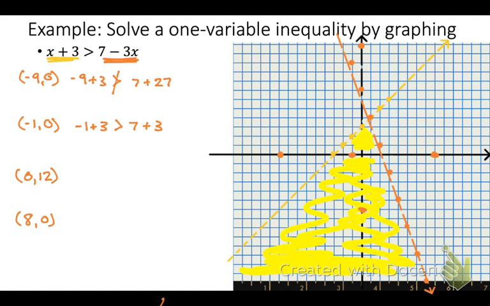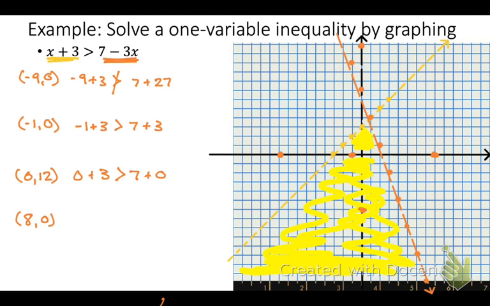No. It's not true, is it? So then it would be up there, well, we'll have to see. Okay, so then we go to the next one, right? So we get 0 plus 3 is greater than 7 plus 0. Is that true? No. 3 is not greater than 7. Okay. I was wrong.